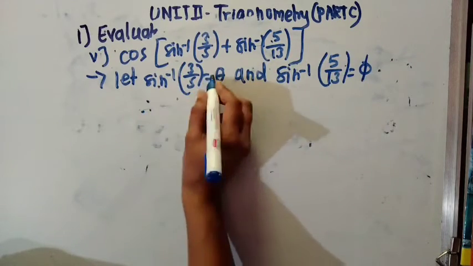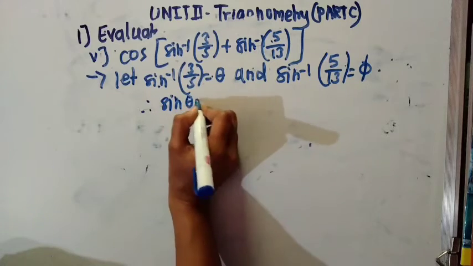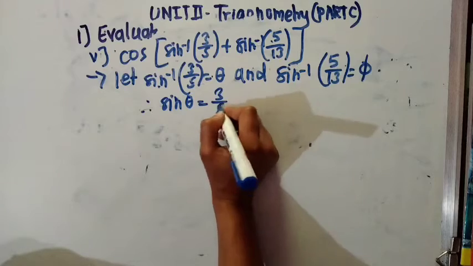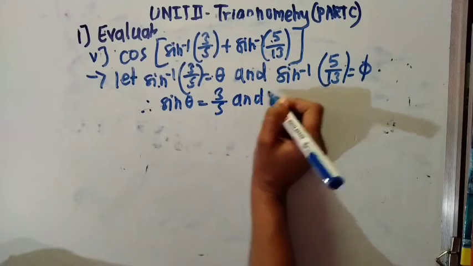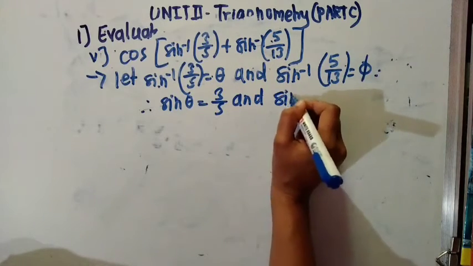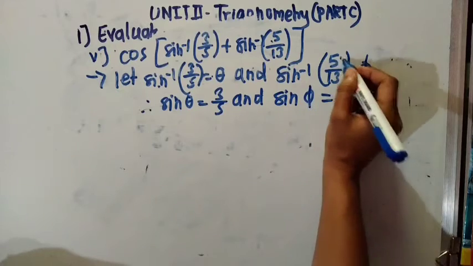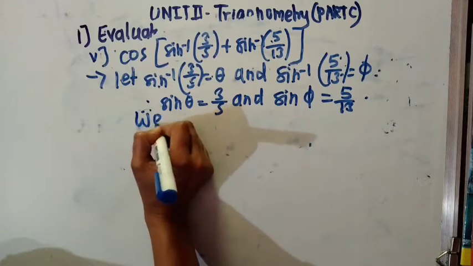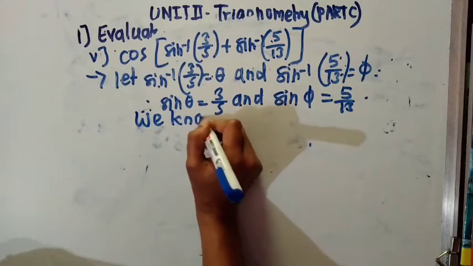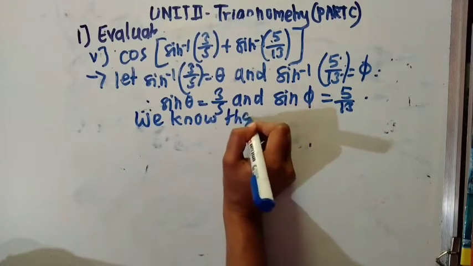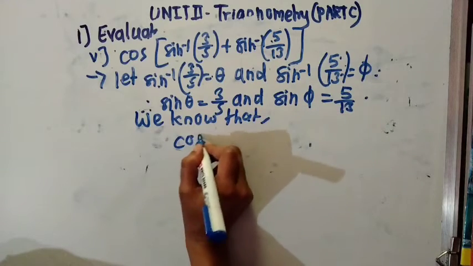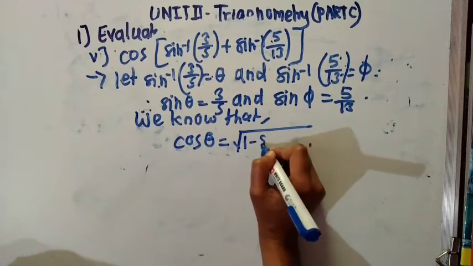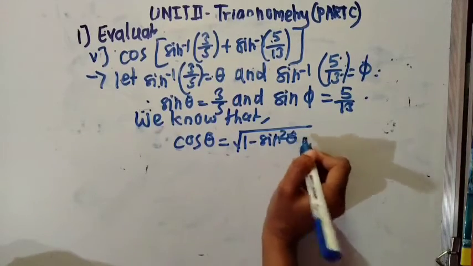Hence sin theta is equal to 3 upon 5 and sin phi is equal to 5 upon 13. Hence we know that cos theta is equal to root 1 minus sin square theta.